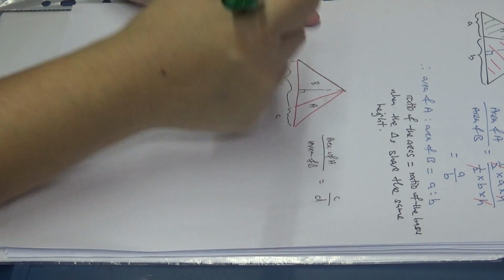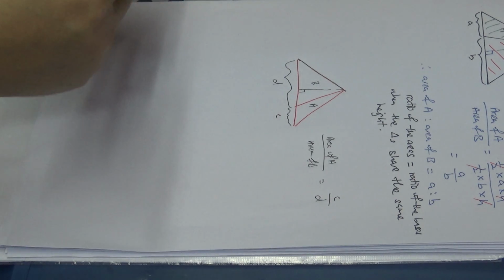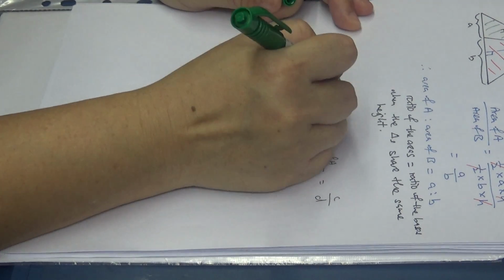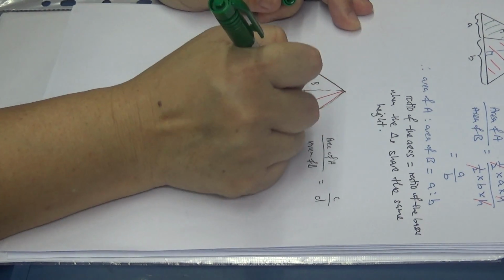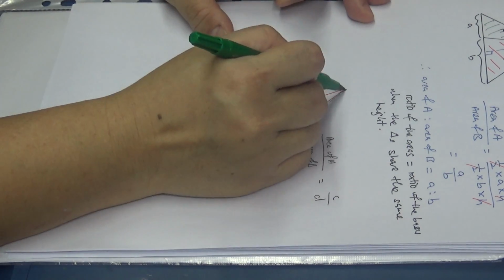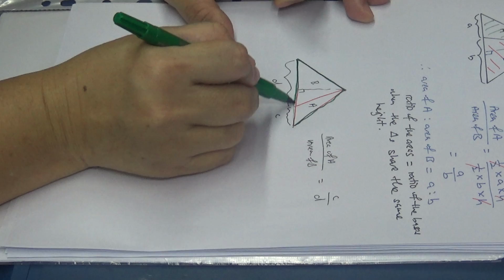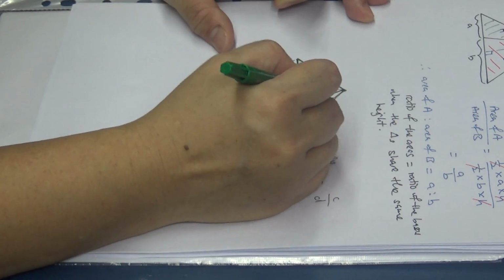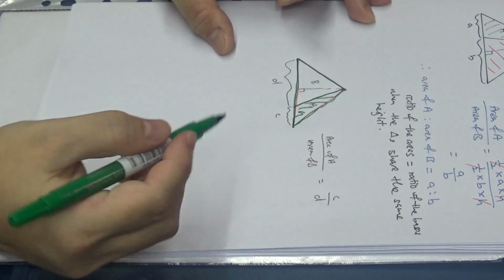Now, let me give you another one. What if I want to find the area of this big triangle, the whole green one? Let me just highlight it again. What is the area of A over the whole triangle?